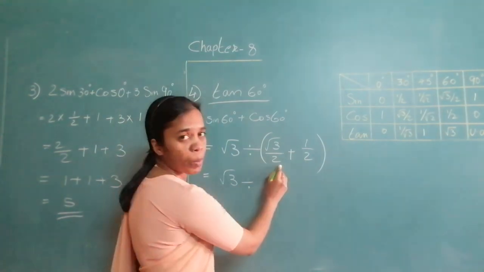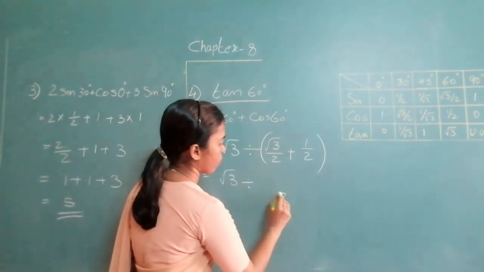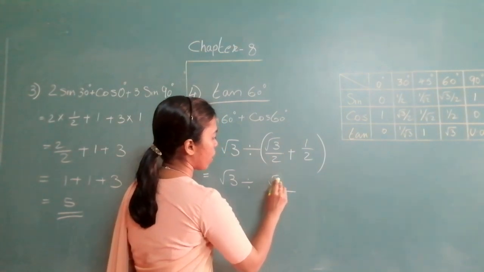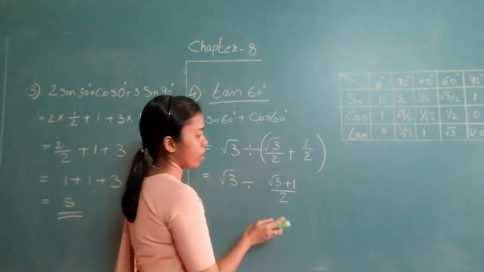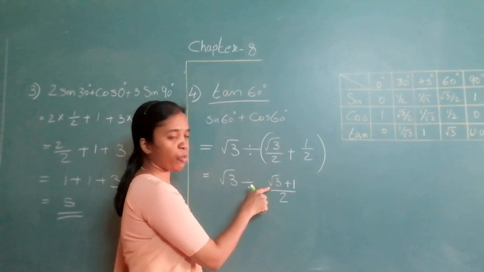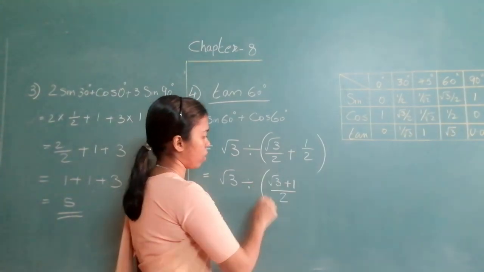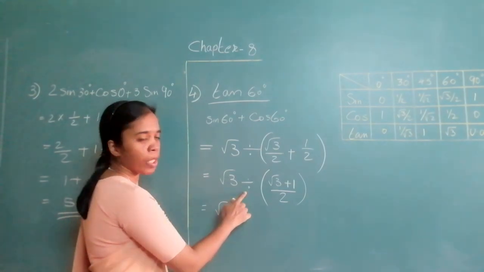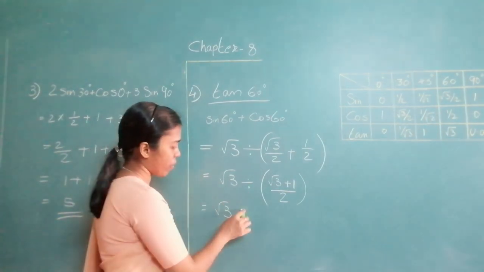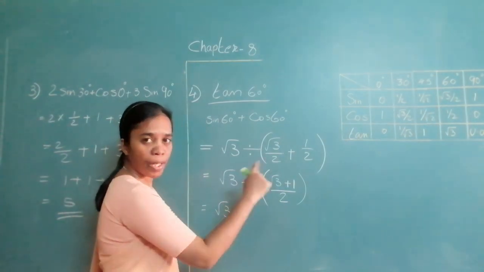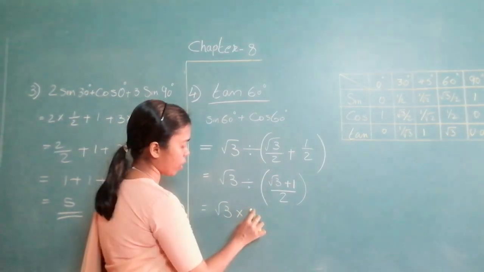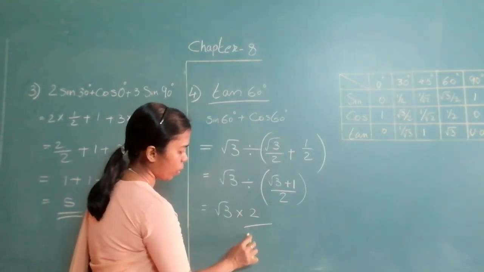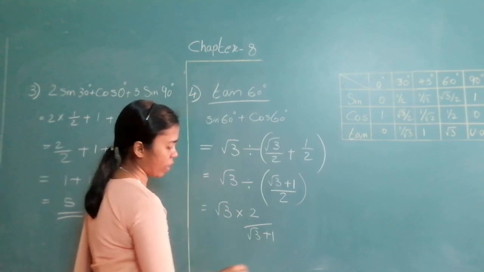Now I can see the denominators are the same. Okay. And what do I have? Root 3 plus 1. Please take care, the root sign is only for 3, not for 1. Okay. Now, this is equal to root 3. When it is division, you have learned that we can multiply and write the inverse of it. So, root 3 into 2 upon root 3 plus 1.